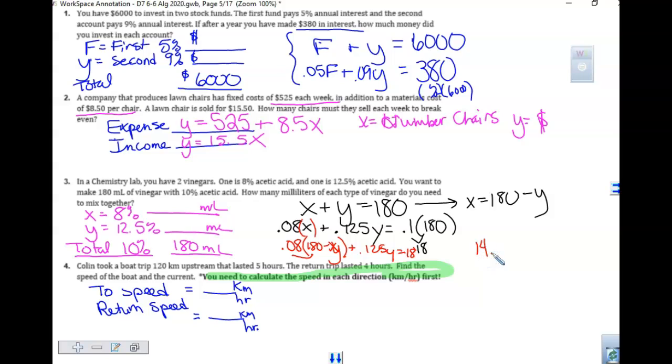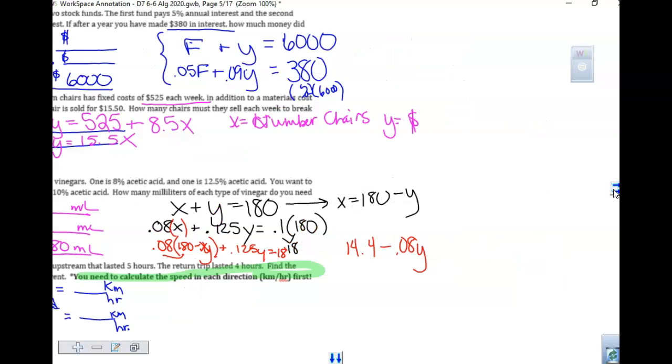Someone have a calculator and get me 0.08 times 180. 14.4. Now I'm going to take 0.08 times that minus y. So I'm going to have minus 0.08y. This is substitution. Then I have this plus 0.125y equals 18.